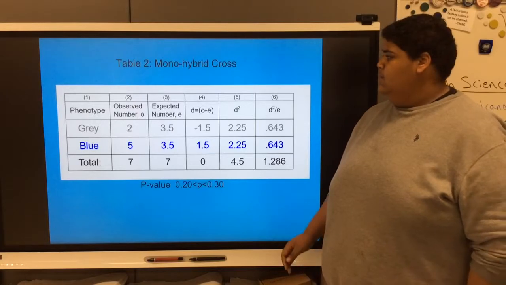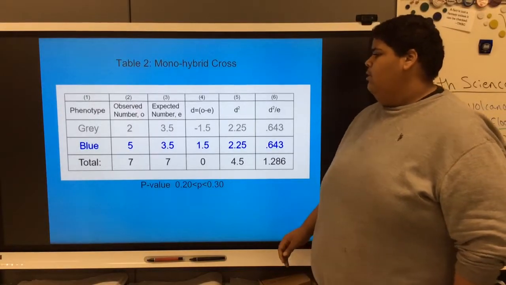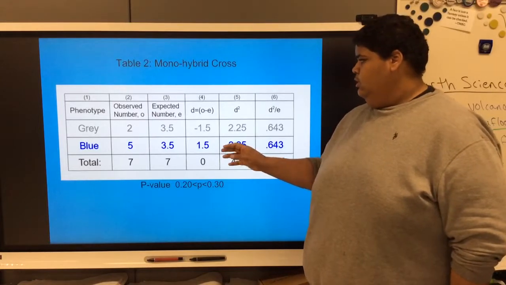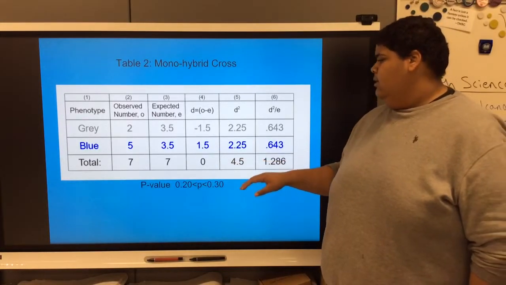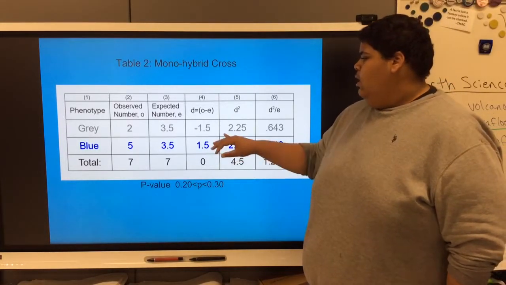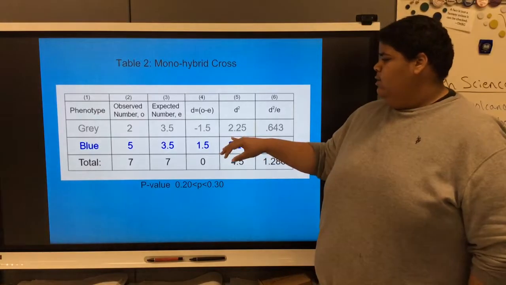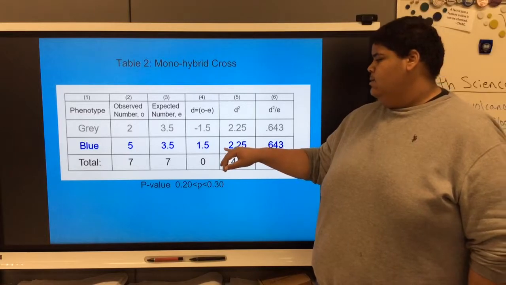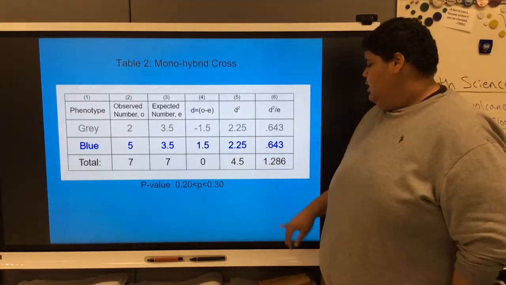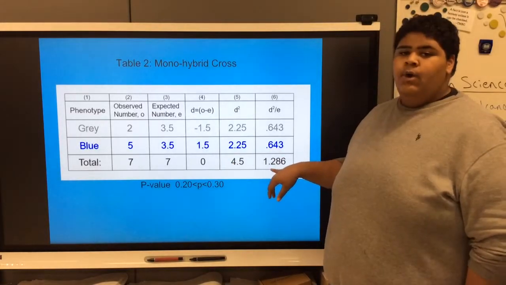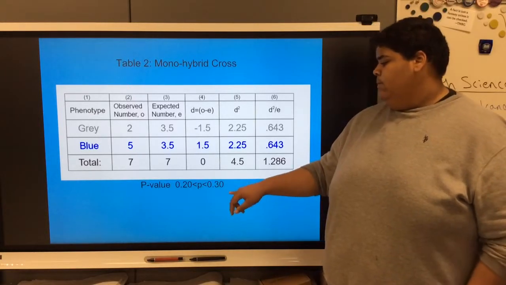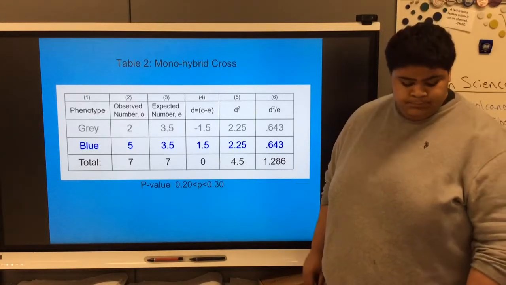This is the chi-square of the monohybrid cross. I looked at the observed and the expected, and you can see that there was over-expectancy of gray and under-expectancy of blue. Using this chi value, I looked at a chi table, and I got a probability of 20 to 30%.